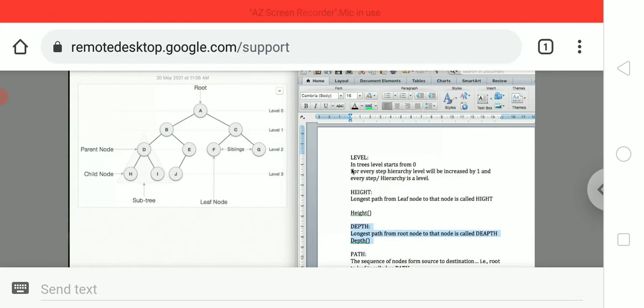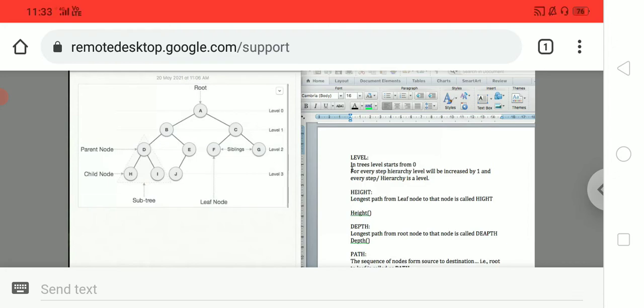Okay, if we take the D node in this example, the depth of D is 2. That means we have to go in the upward direction. That means D to B, B to A. We have to check the longest path only, same as height.